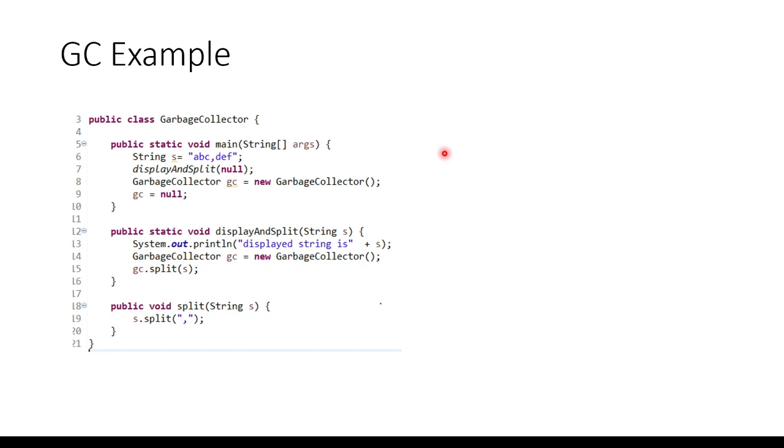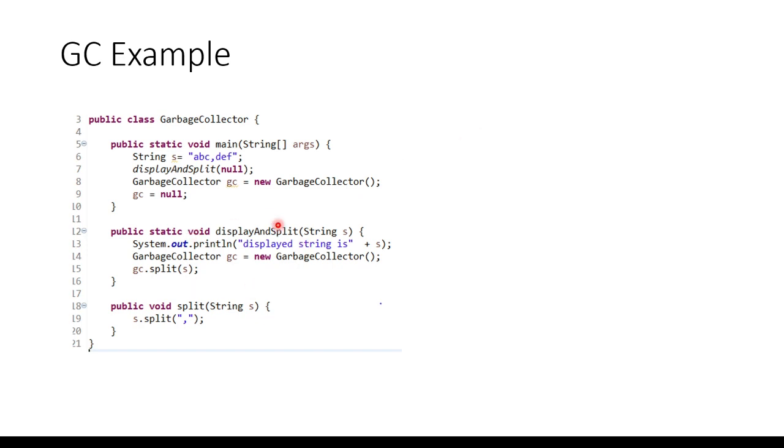There is no route to access the object in memory. So after making GC null, the object at that location is eligible for garbage collection, because this object is useless. It became useless because there is no link to access it from the code. So now this object is eligible for garbage collection.